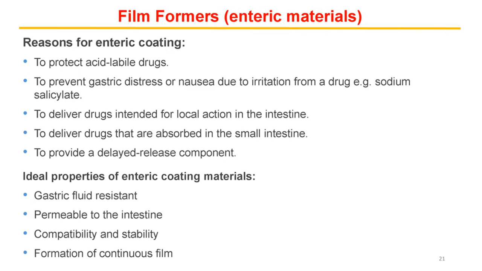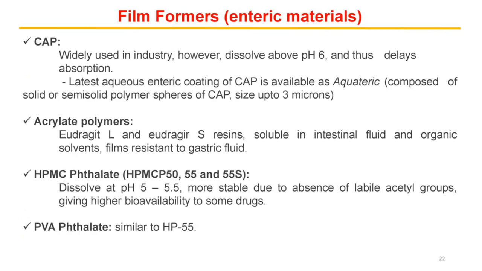21. Film formers, enteric materials. CAP is widely used in industry, however, it dissolves above pH 6, and thus delays absorption. Latest aqueous enteric coating of CAP is available as Aquateric, composed of solid or semi-solid polymer spheres of CAP, size up to 3 microns.